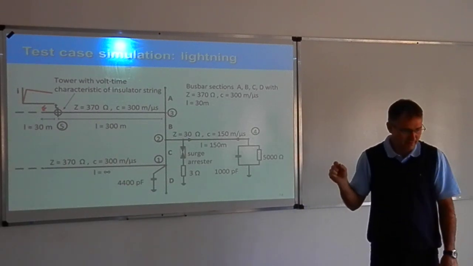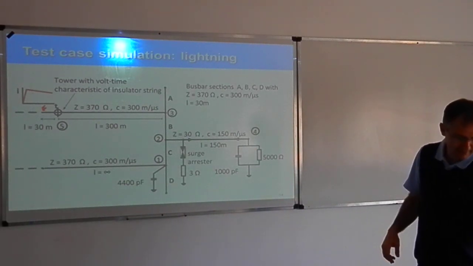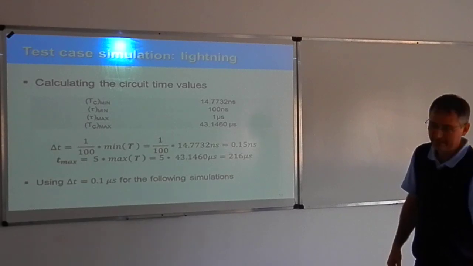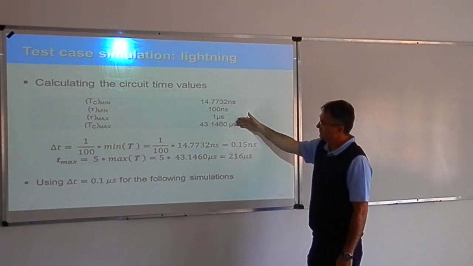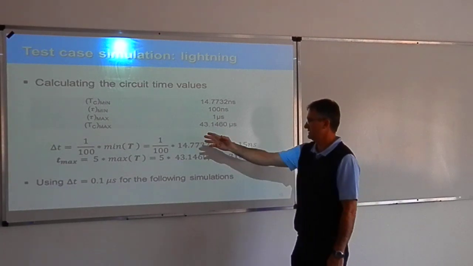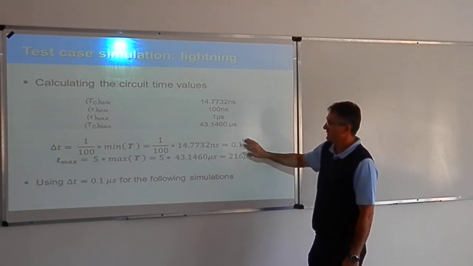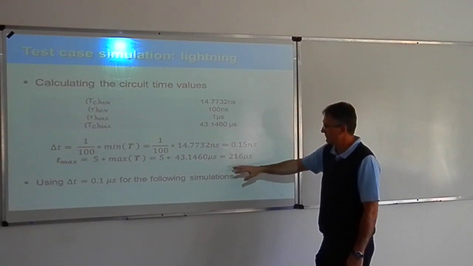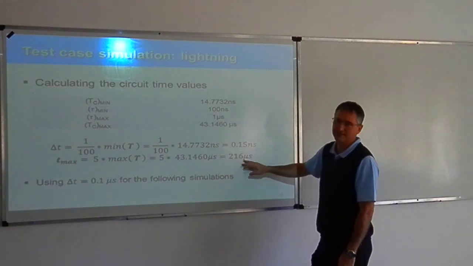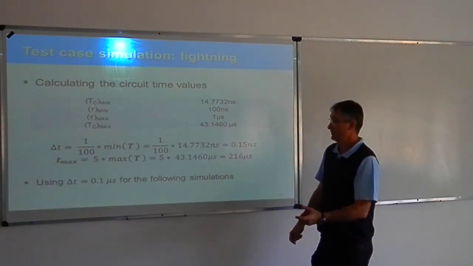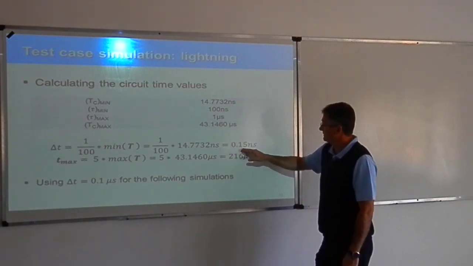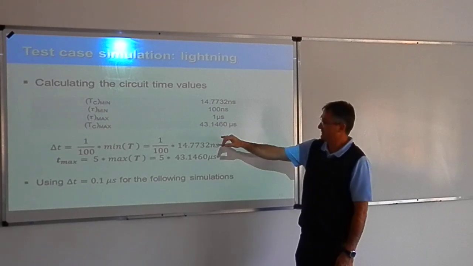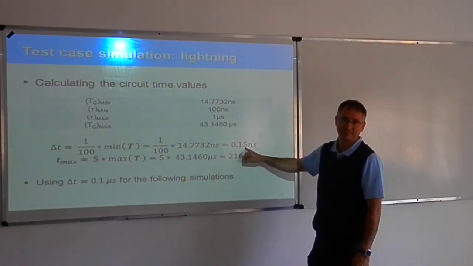So the main issue is, for a case like that, if we apply that algorithm, we end up with this table of values, and we can select the delta T and the Tmax accordingly. Tmax is in the order of 216 microseconds for a phenomenon that is very, very fast. And the delta T results, in this case, very, very small.